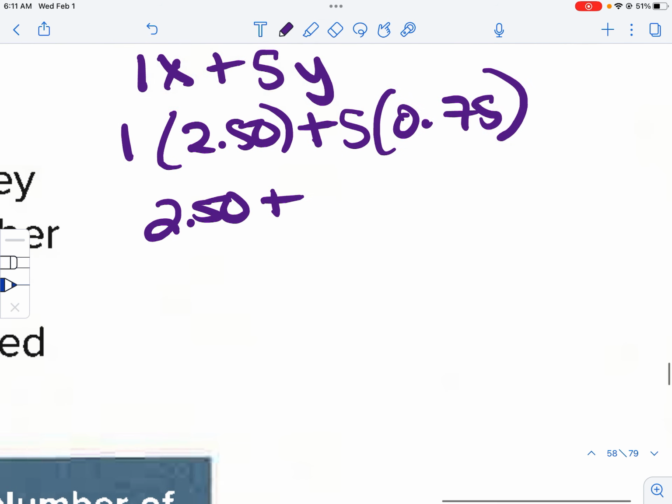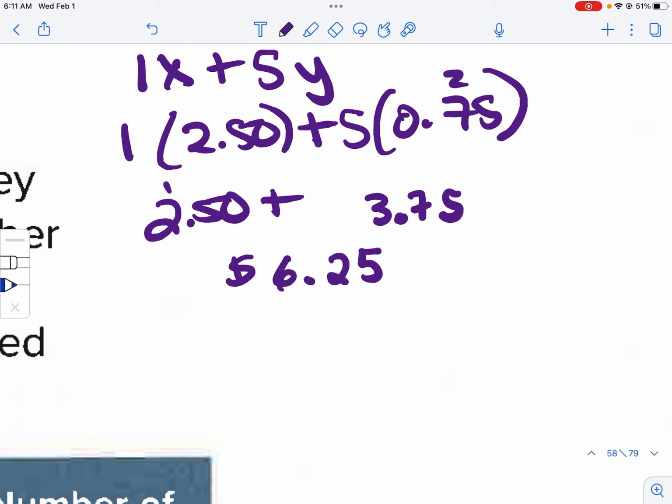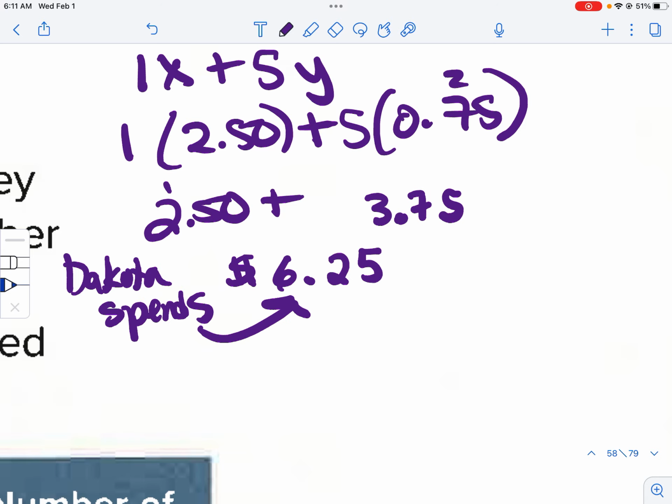And then 5 times 75 is $3.75. And I add those together and I get $6.25. So Dakota spends $6.25. Okay.